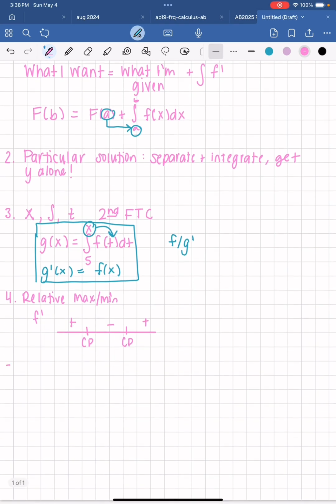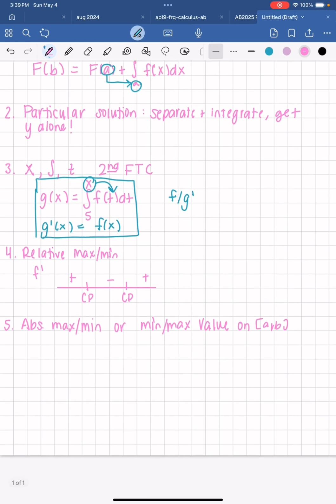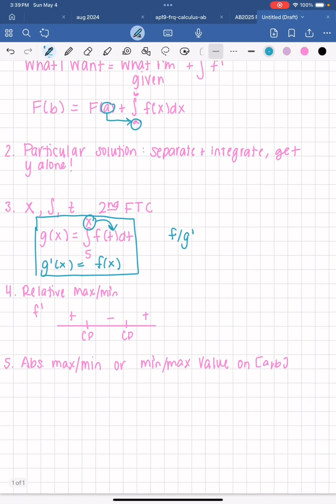But if they ask you for the absolute max and min, or they say minimum value, maximum value on a closed interval, then that's an absolute max and min question, and you're going to want to do my t-chart, x, f of x, and what goes in the t-chart are your endpoints, EP for endpoints, and your critical points. Could be more than one, could be just one, whatever.